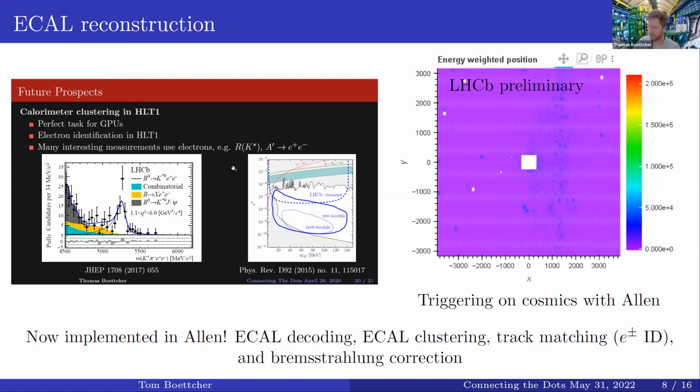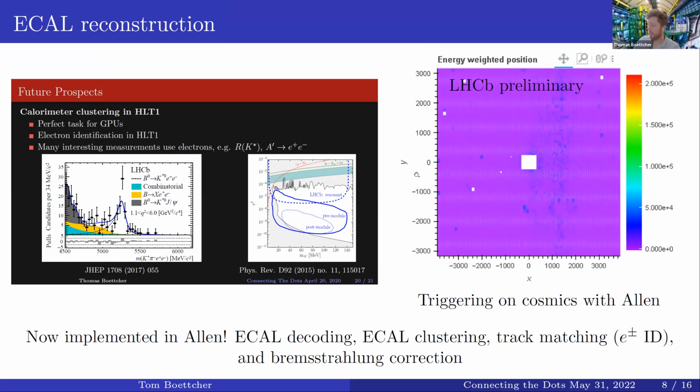So LHCb has a lot of interesting physics it can do with electrons, for example, tests of lepton flavor universality, or searches for BSM physics like dark photons decaying to electron pairs. And so being able to actually trigger on identified electrons in HLT1 would really help strengthen these physics programs.